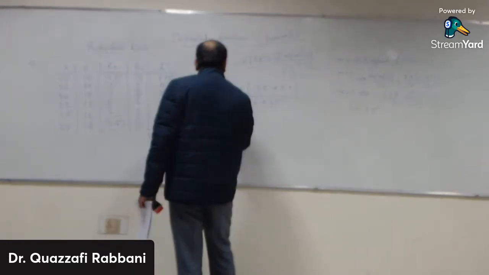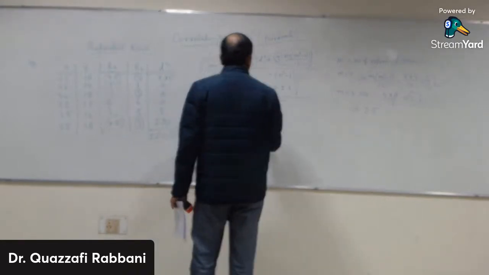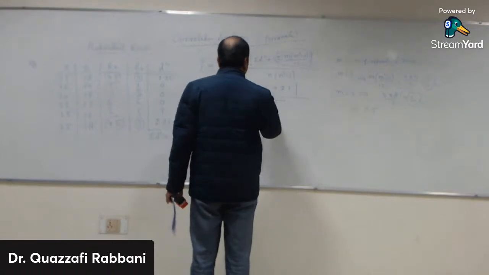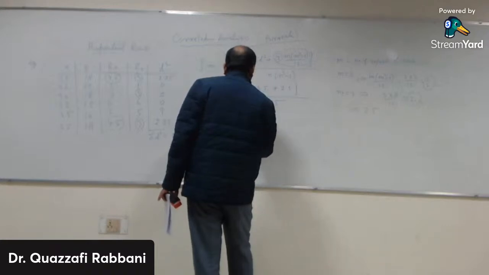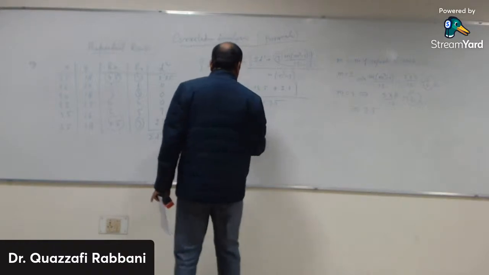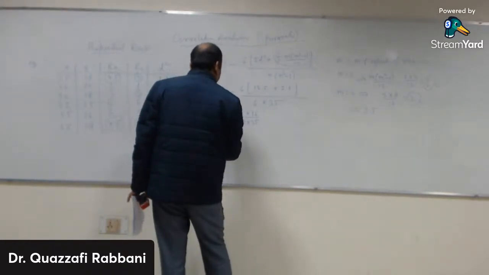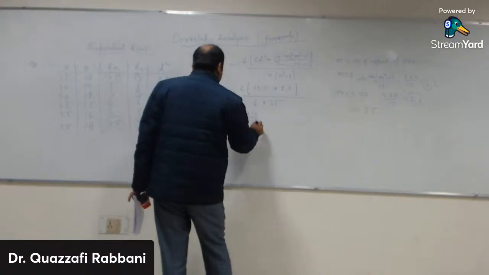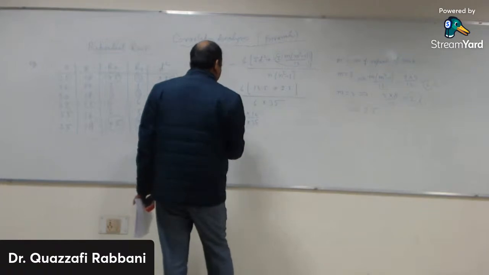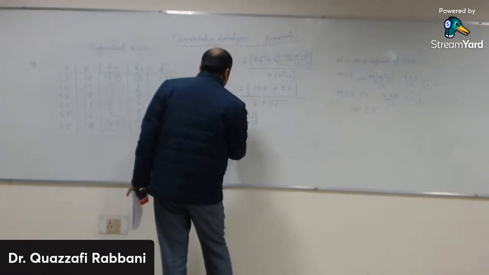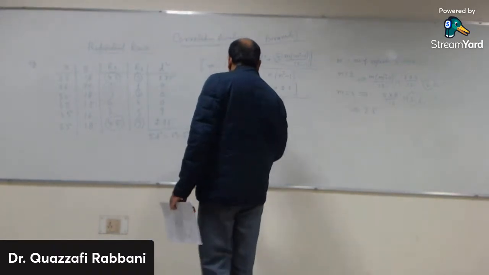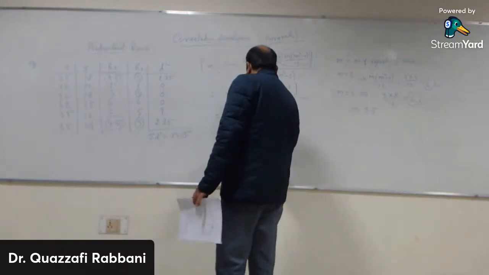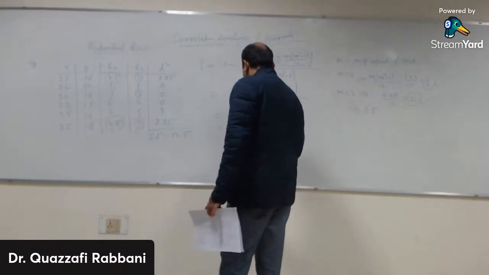Now just simplify: 1 minus 6 into 13.5, 2.16 divided by 6 into 35, and after solving this you will get 19 by 35.